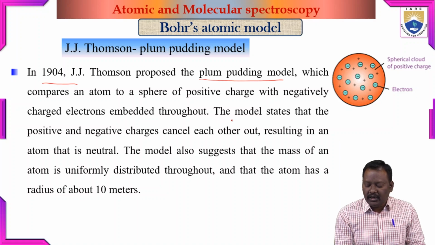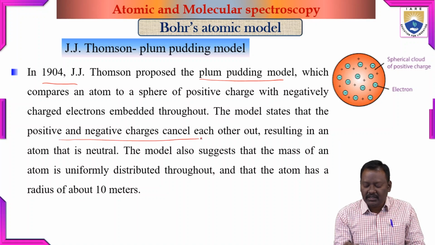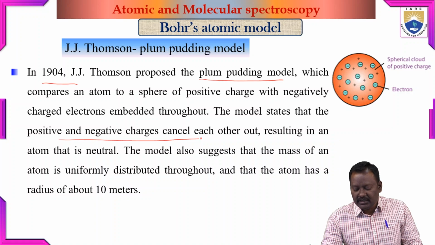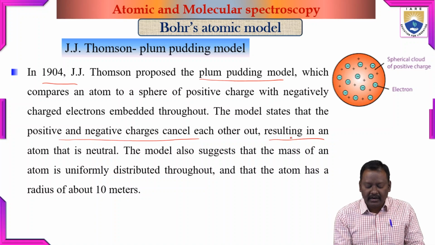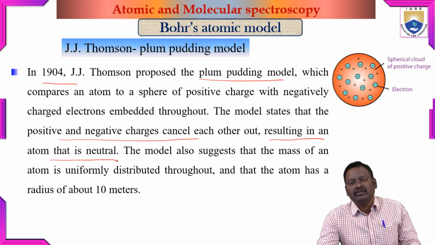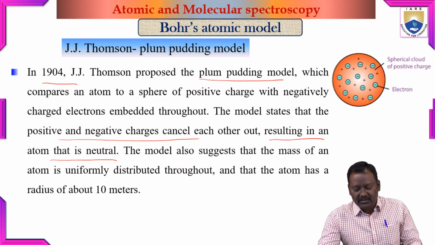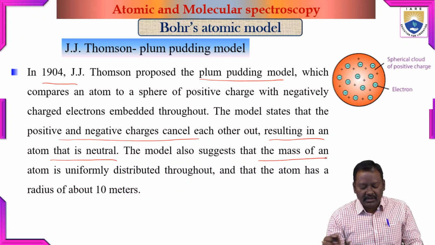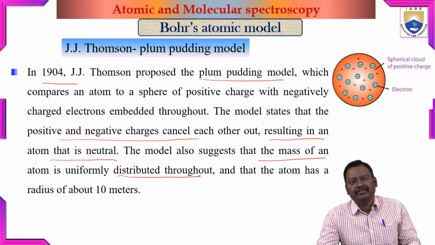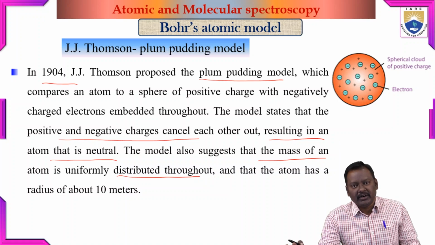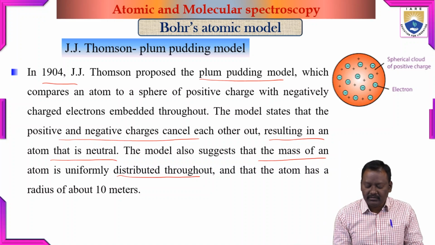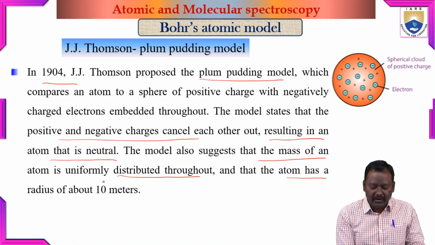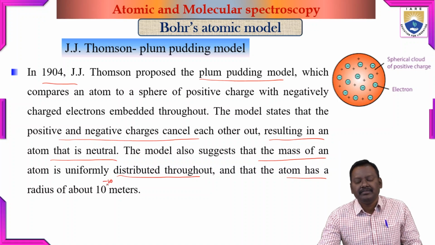According to this model, positive and negative charges cancel each other, resulting in a neutral atom. The model also suggests that the mass of the atom is uniformly distributed throughout, not concentrated at a particular point, and the atom has a radius of about 10 power minus 10 meters.